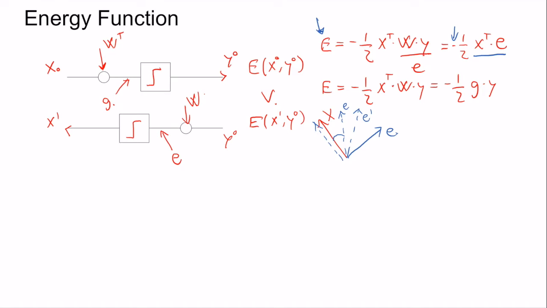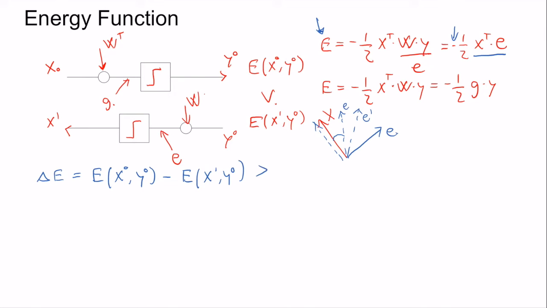Okay, that's good. So let's just now check that the increment in energy is negative, or maybe that E at the initial state is larger than E at the first step. So E at the initial state x0, y0 should be larger than E at x1, y0.